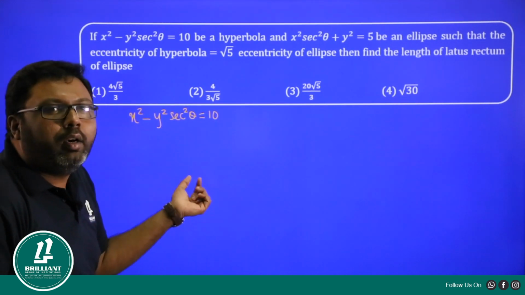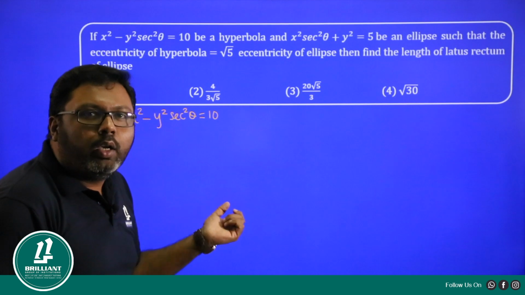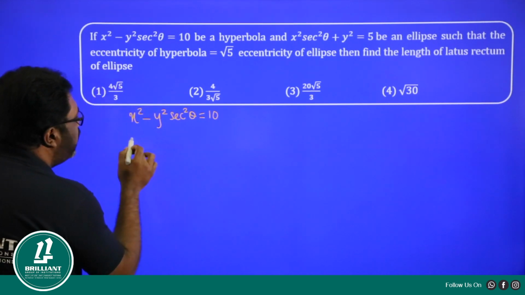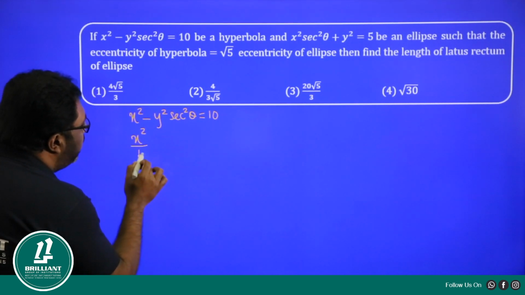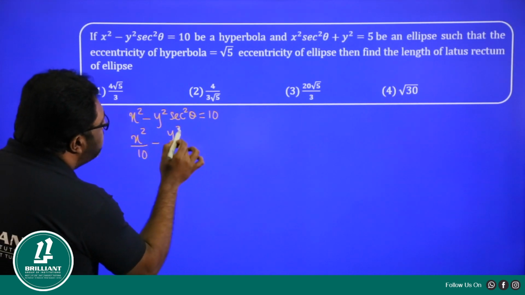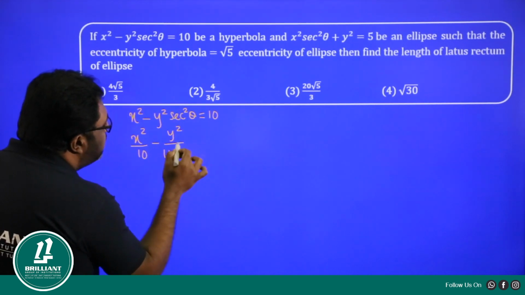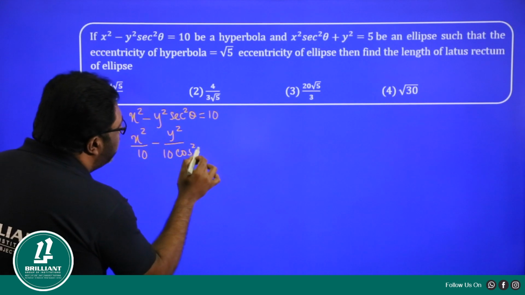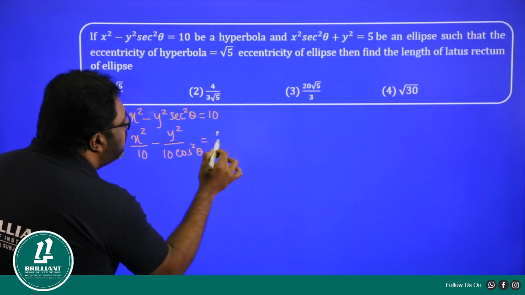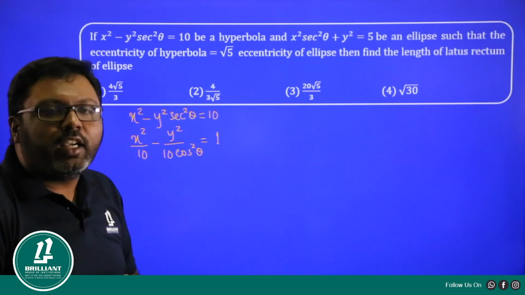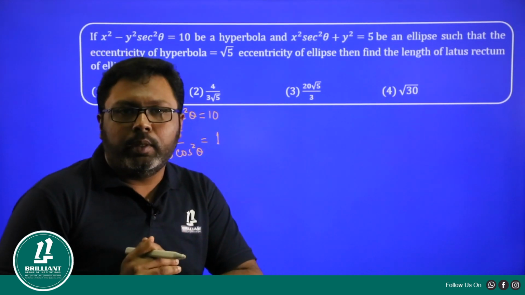Now this is not the standard form of the equation of a hyperbola. You have to convert it into the standard form. So you can write it as x squared by 10 minus y squared by 10. Bring the sec squared theta down, you will get cos squared theta, equal to 1. Now this looks like a hyperbola.